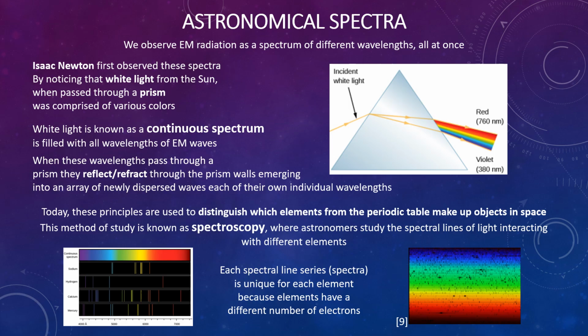And so every spectral line is unique because elements have different numbers of electrons and molecules have different configurations of their electrons. Every element and molecule has a unique spectra. And this is very useful for astronomers to determine the composition of distant objects.